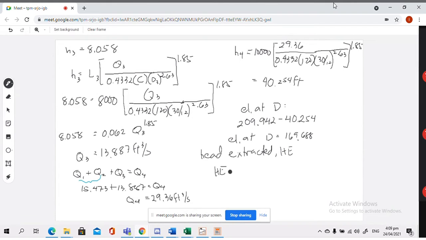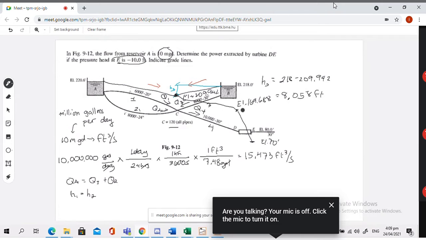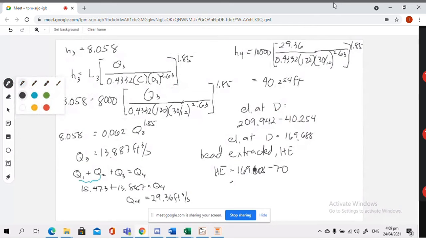So HE is equal to 169.688 minus 70. Why did you subtract 70? Because the head extracted at the turbine is from here going to there. So this is your head extracted. Okay, so this value, 169.688 minus 70, is 99.688.